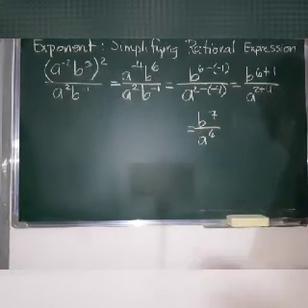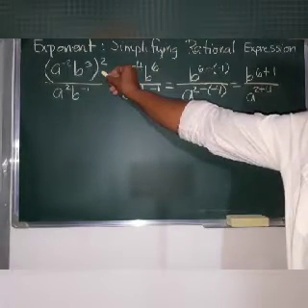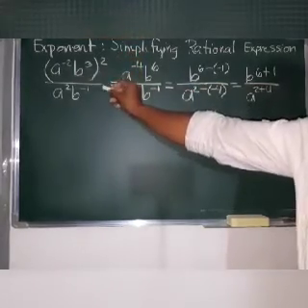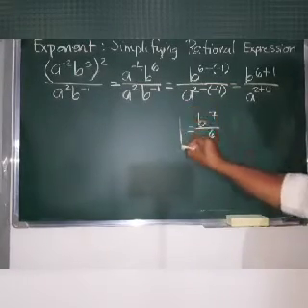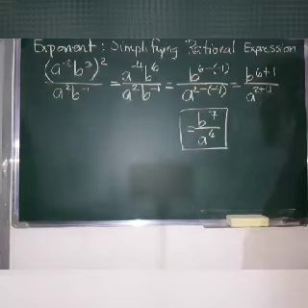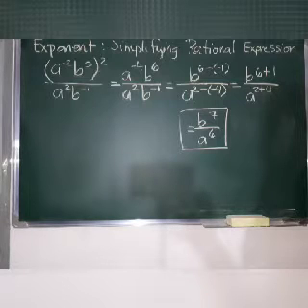Therefore, the lowest term of the expression (a raised to negative 2, b cubed) raised to 2, all over a squared, b raised to negative 1, is b raised to 7, all over a raised to 6. Okay, so ganyan lang siya kadali. So, bibigyan ko pa kayo ng halimbawa.